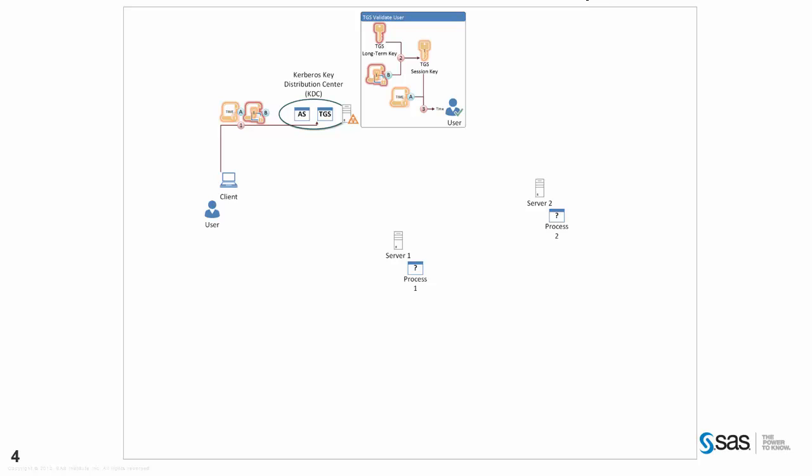This allows the ticket granting service to extract the ticket granting service session key. The TGS session key is then used to decrypt the authenticator and validate the end user.